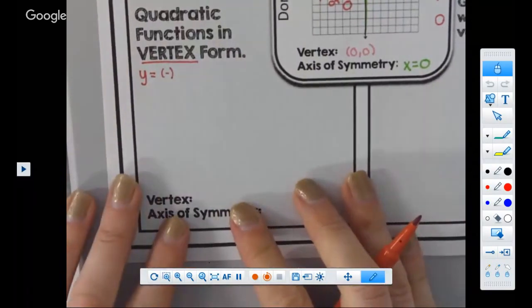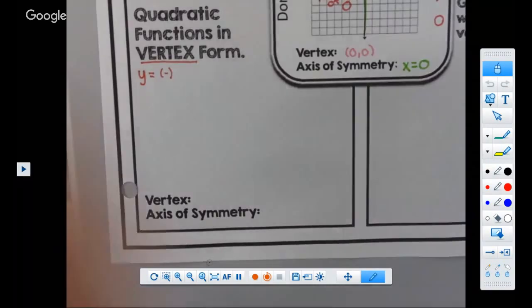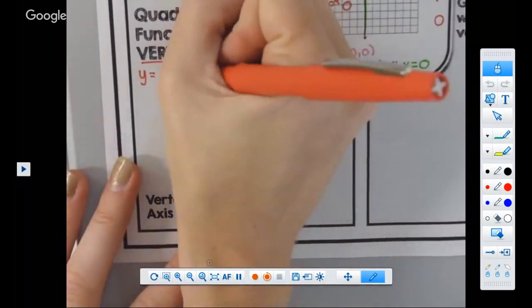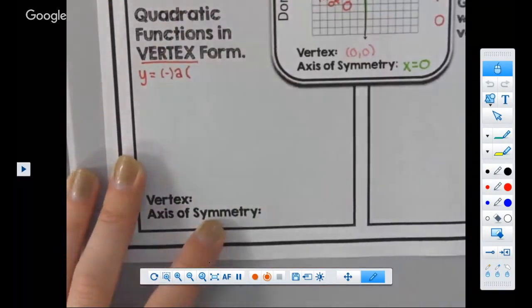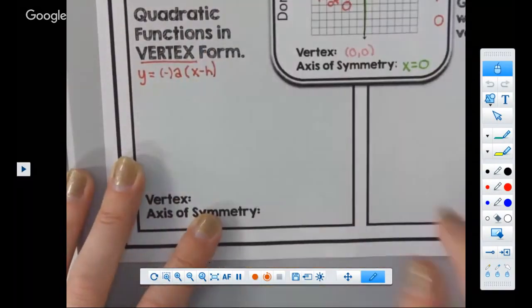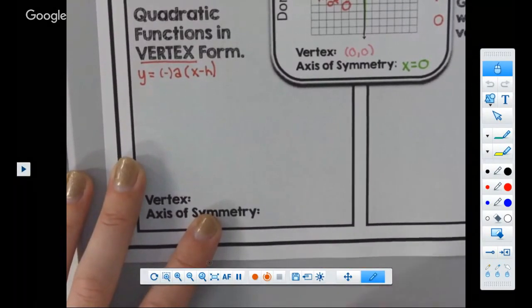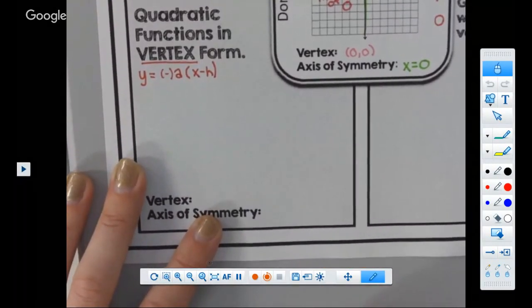Just like before, sometimes there's a negative, right? Not always, but sometimes. We then have an a, parentheses, x minus h. Y'all see this looks very familiar?